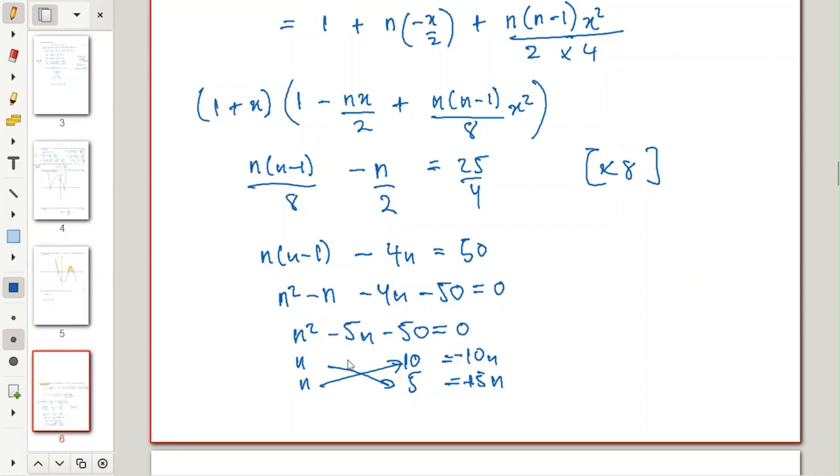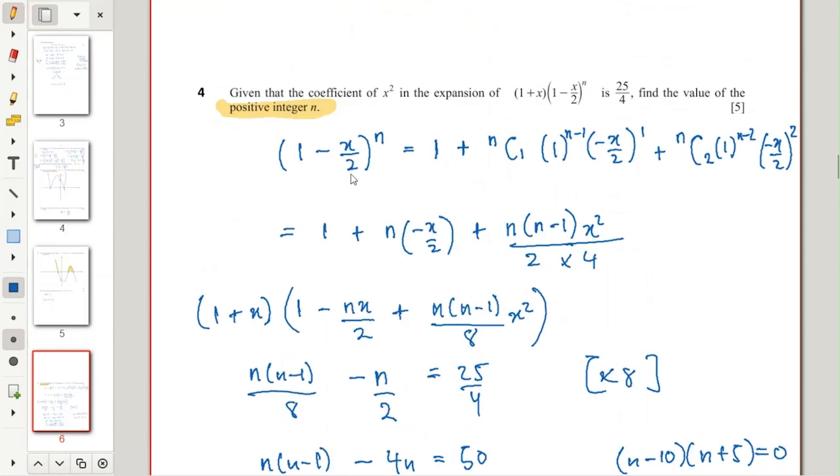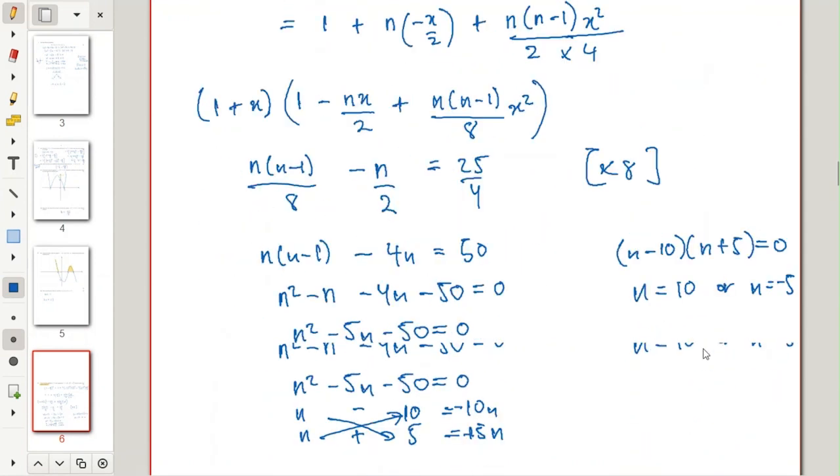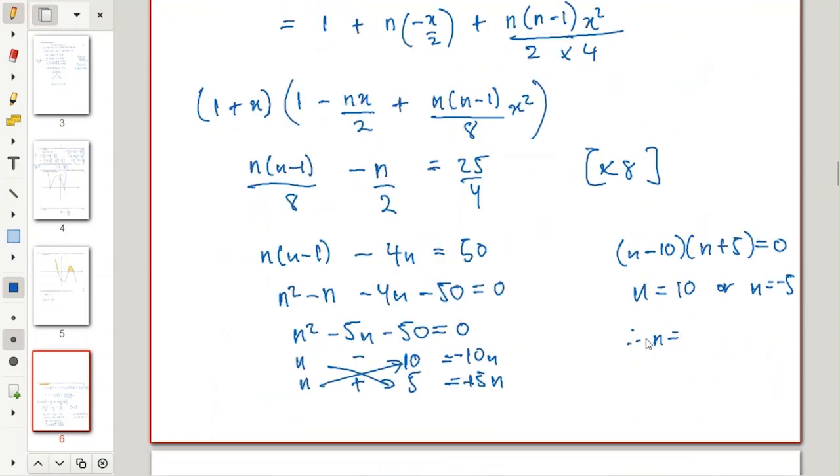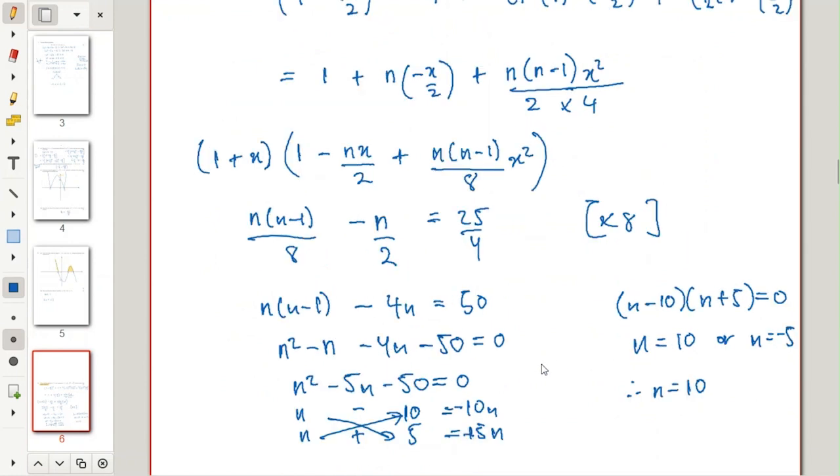So I bring the same operation here, minus plus. So my two factors are this and that, and everything is equal to 0. So n is equal to 10 or n is equal to negative 5. Obviously, they said that the positive integer, so n is equal to 10. Please, you have to conclude, otherwise you will not get the final mark.